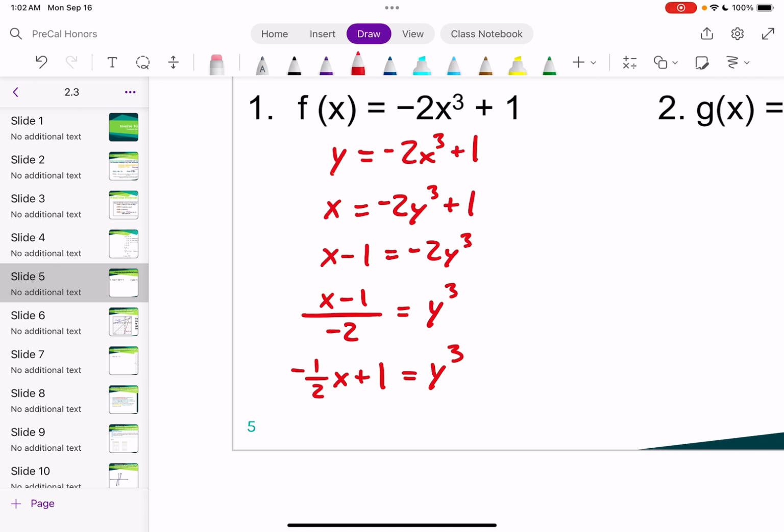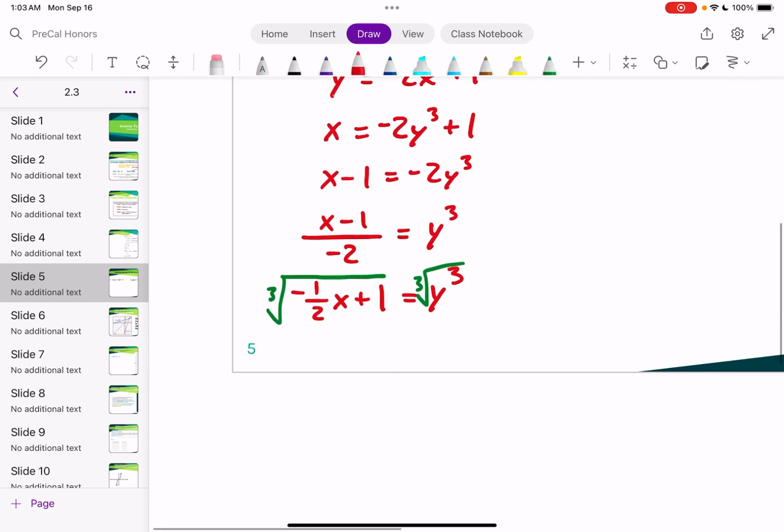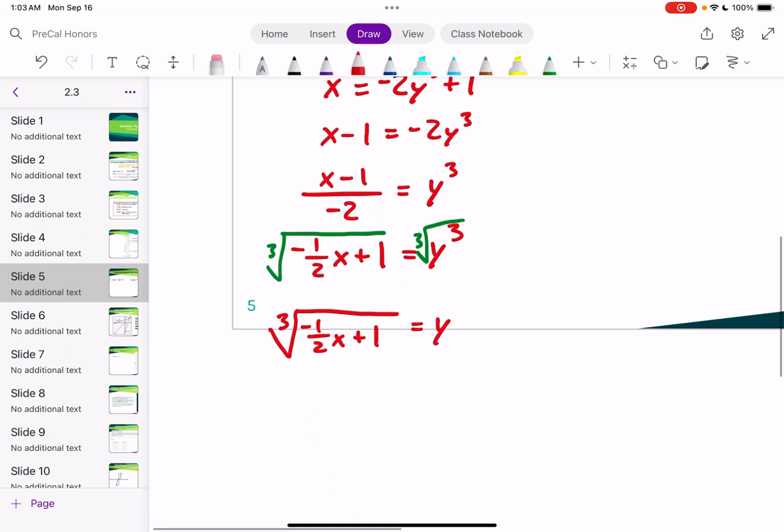Keep in mind, we still need to isolate the y, which means we would have to do the opposite of y to the third, which would be the cube root on both sides. Here we end up with the cube root of negative 1/2 x plus 1/2 is equal to y.